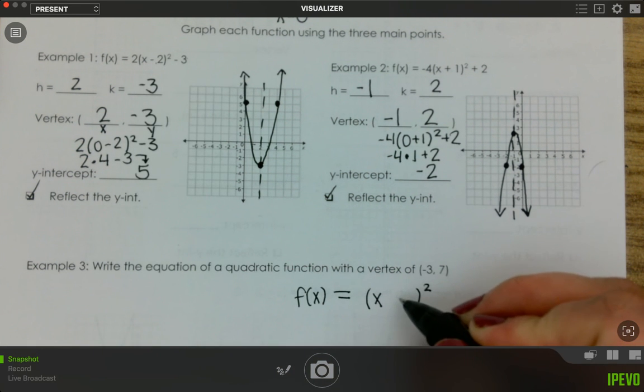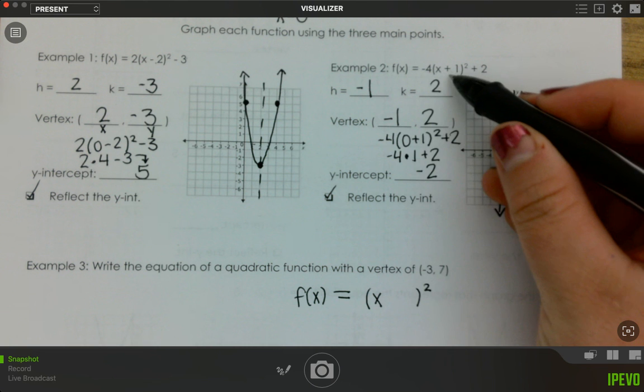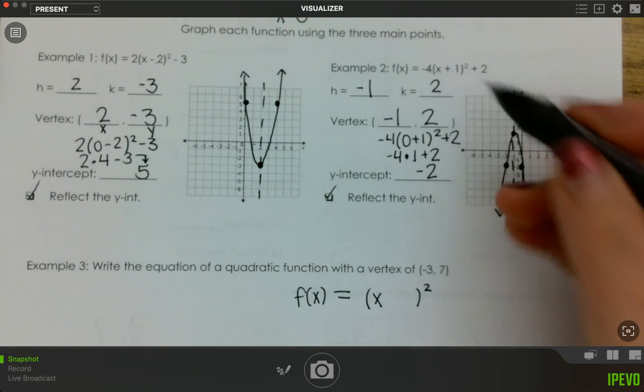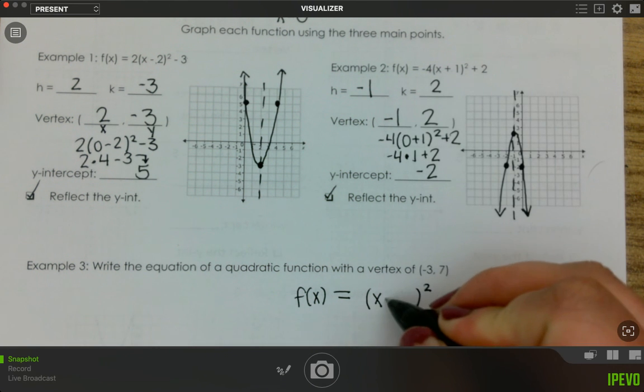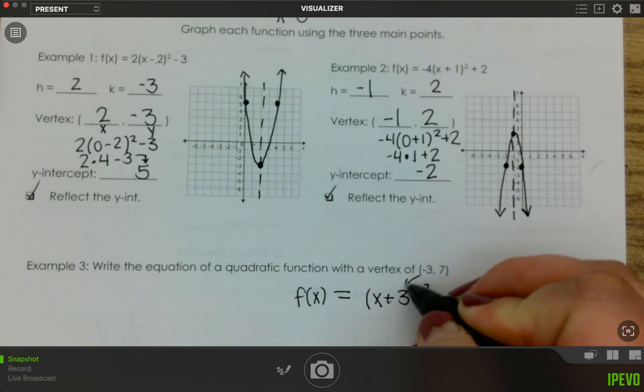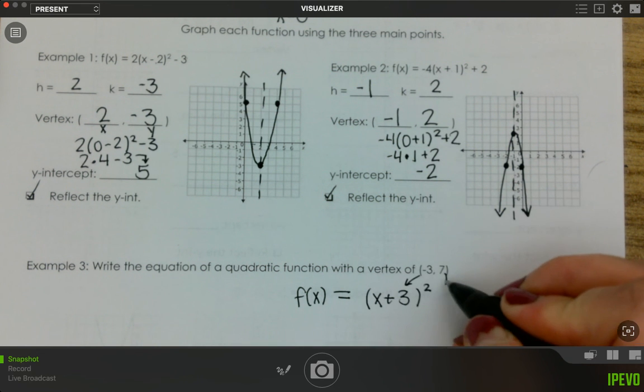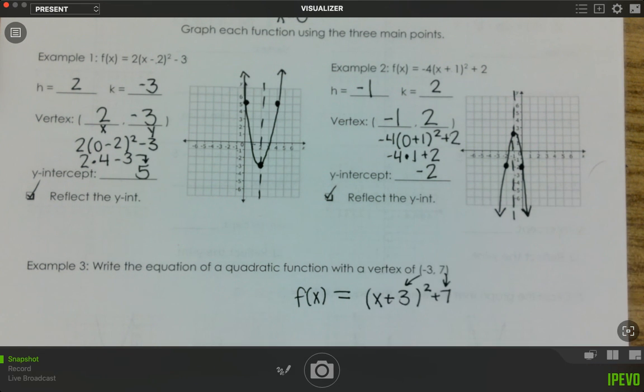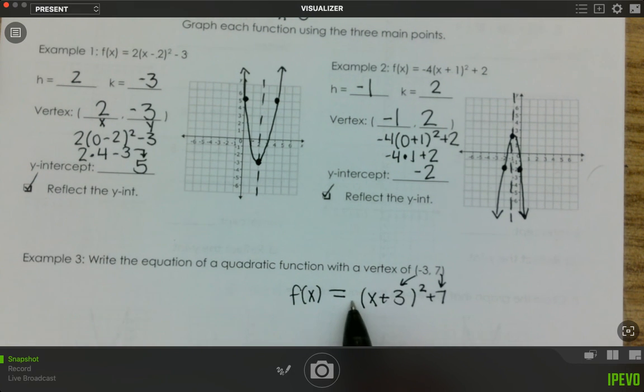The number in the middle is the opposite of the x value, see? So the opposite of the x value is going to be +3. And then this one stays the same. That's it. You can put a number in front if you want, because it doesn't tell you any more information, but you don't have to.